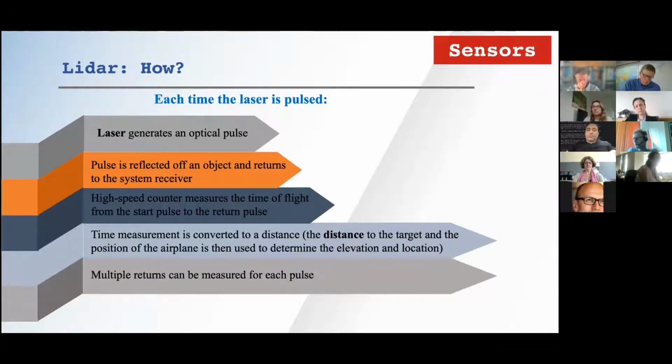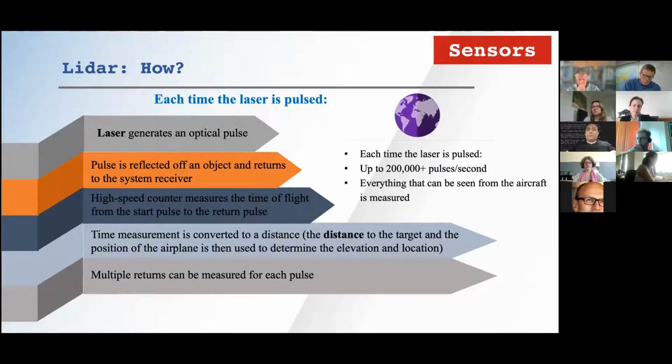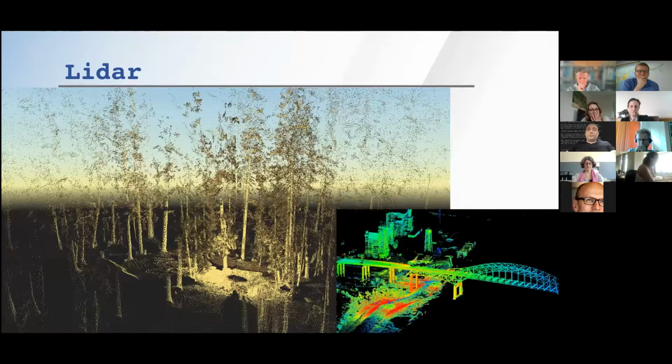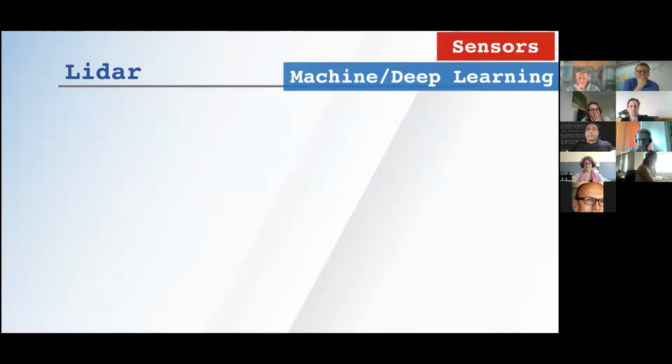So multiple returns can be measured for each pulse. So the intensity of the data is so high. That's why it provides a lot of capacity for this. You can see a traditional example of LiDAR for mapping, 3D mapping of the object, as you see in these pictures.